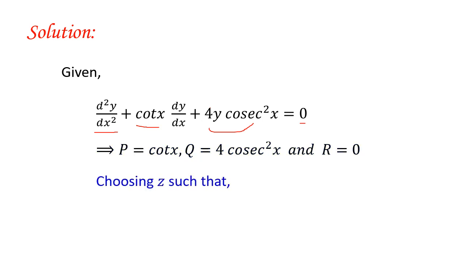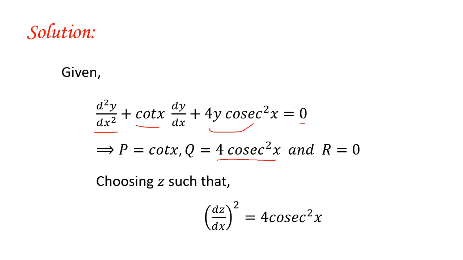Now choosing z such that (dz/dx)² = 4 cosec²x. That means we are choosing (dz/dx)² as the value of q. If q = -4 cosec²x, then also we take (dz/dx)² as +4 cosec²x.